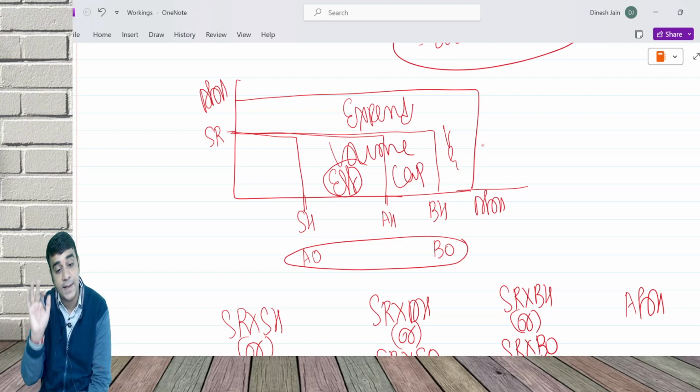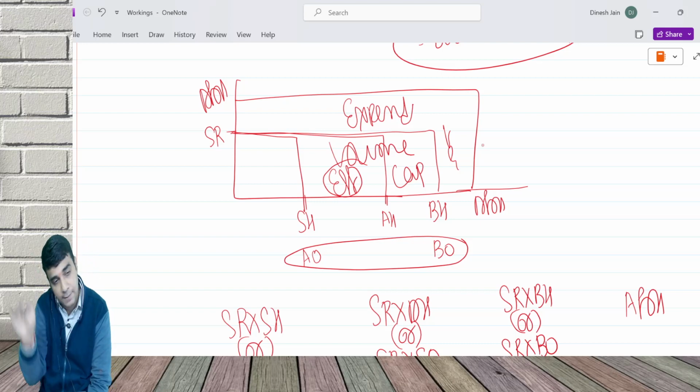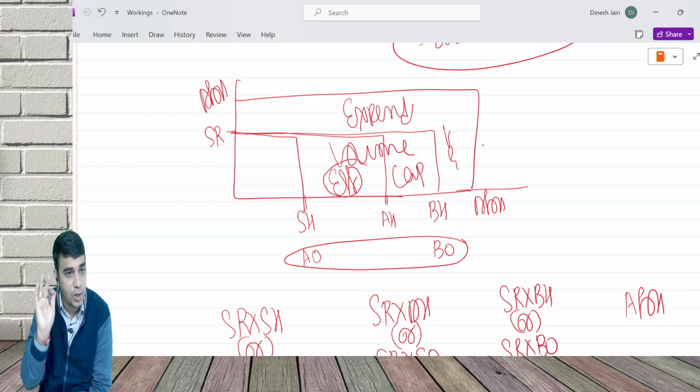The outer part is called expenditure: SR into BH minus AFOH. Don't call it AR into AH, you will get confused. AR into AH is technically only AFOH, but I don't want to cut it in between. The smallest rectangle SR into SH minus the biggest one, which is AFOH, is called cost variance.